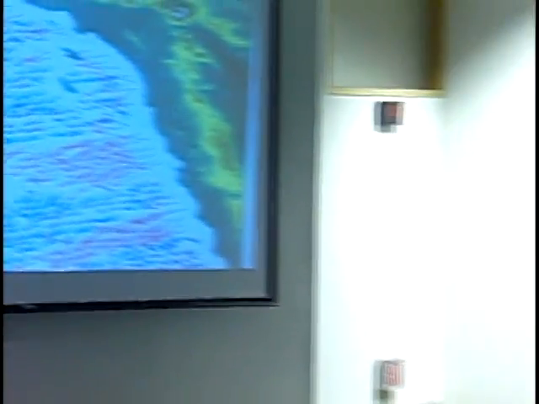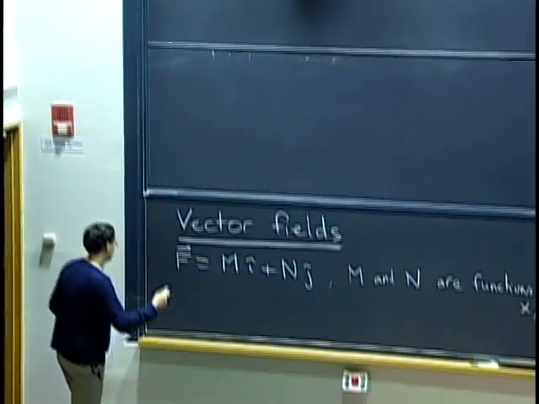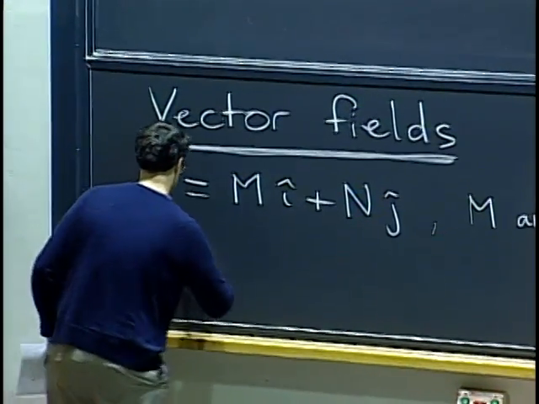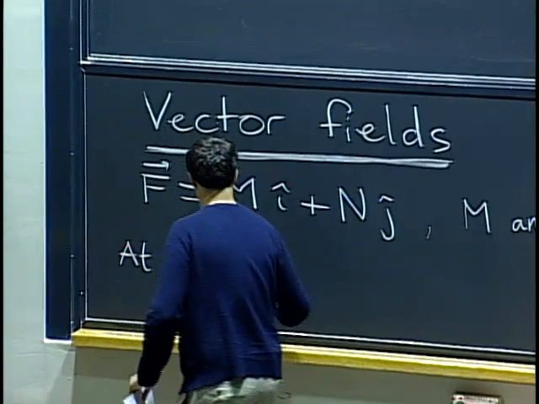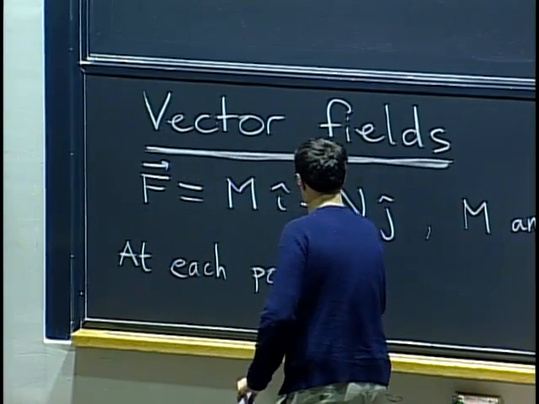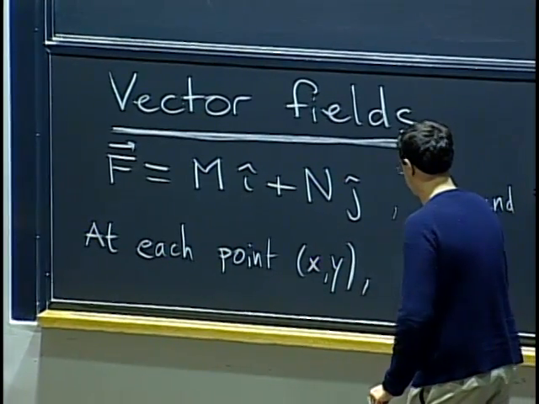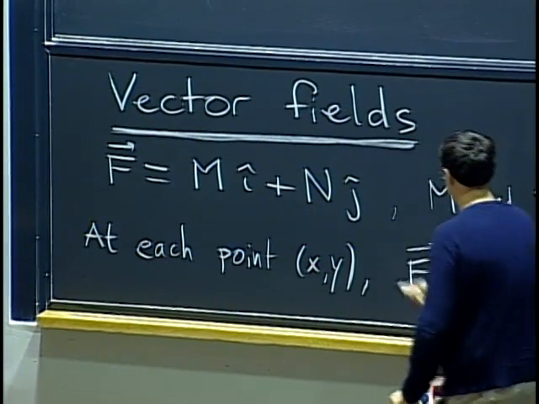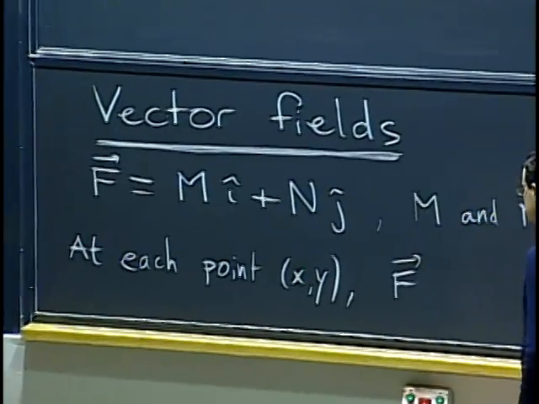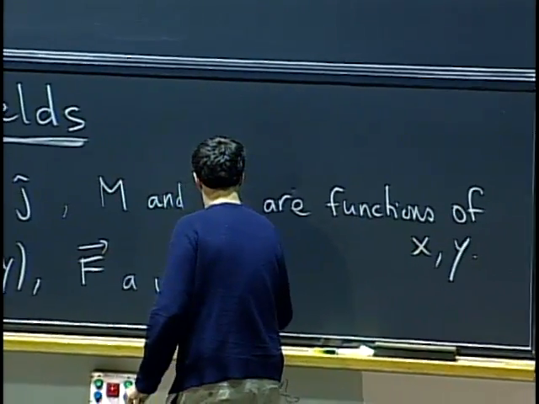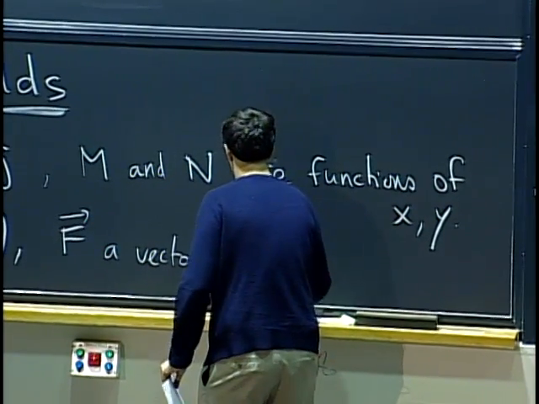So anyway, a vector field is something where at each point in the plane we have a vector F that depends on x and y.